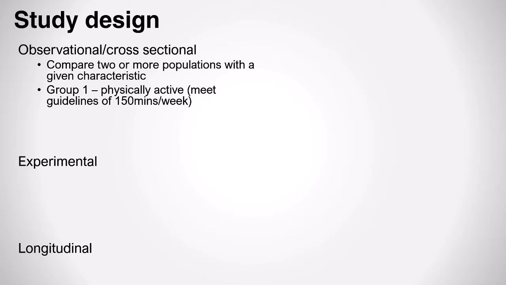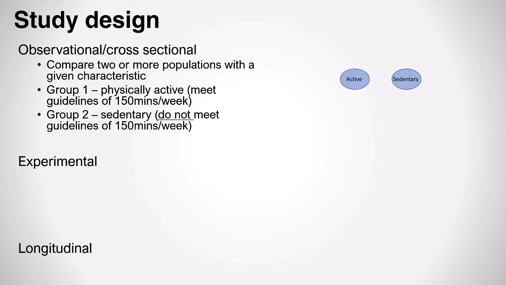Of course, there's different ways to investigate one question. It depends on how advanced the literature is. You could just do something cross-sectional. Once you've got your data, you could split up students into those who meet physical activity guidelines and classify them as active, and then those who don't, you could classify them as maybe inactive or sedentary.